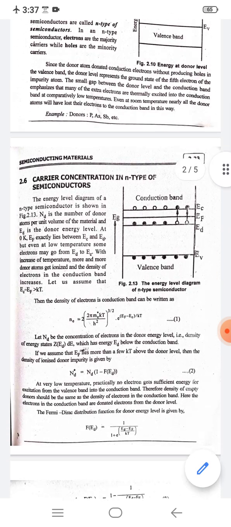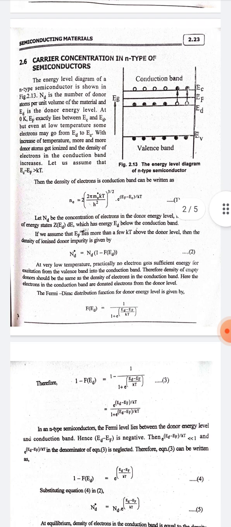Let us derive the carrier concentration in N-type semiconductor. In this energy level diagram, we can see the Fermi level of N-type semiconductor is located in between the conduction band and donor energy level at 0 Kelvin. When the temperature increases, the electrons from the donor energy level go to the conduction band, creating a vacancy at the donor energy level.